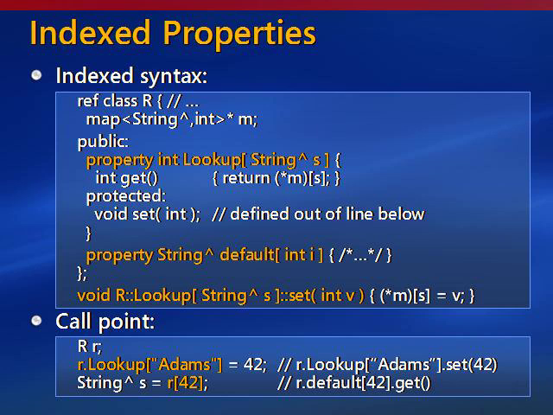But the default index property in this case is also public, protected, and so on. So you'll see that we have out-of-line definition for properties because they are actually functions. You're just looking at the scope. So I'm just looking at R, and lookup happens to be the name of the property and ::set.